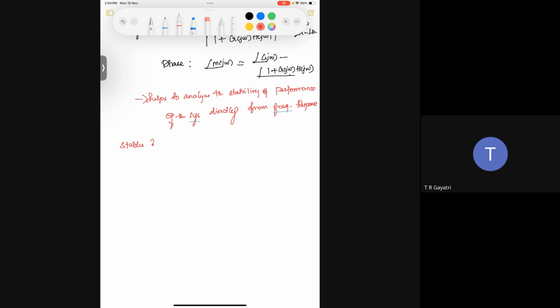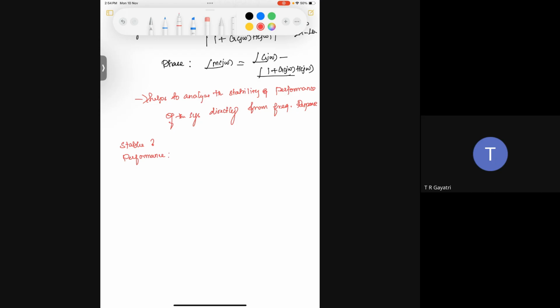So stability and performance are the two eyes of control systems, where we use techniques to make a trade-off between them. First the system must be stable, and within that, we tune it for the best performance we can expect. This is the overall output expected from your control systems.